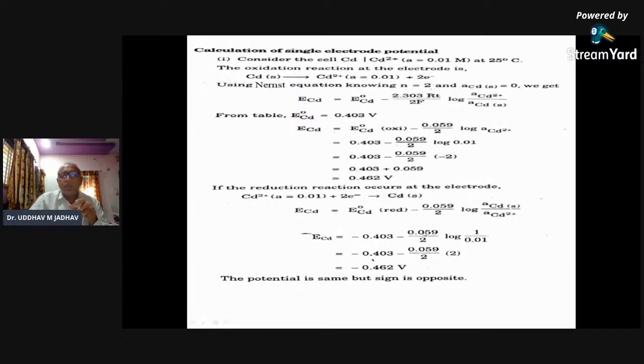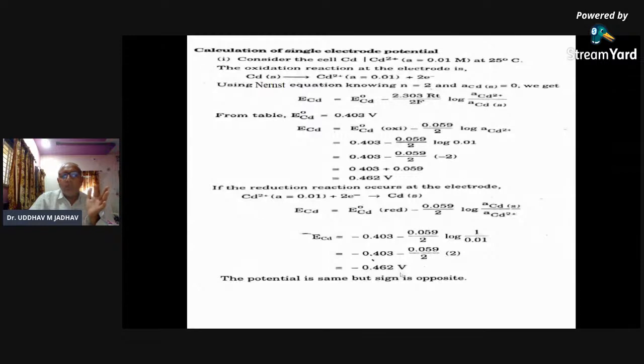0.0592 minus this one, and this is nothing but 10 raised to minus 2. And if from denominator it goes to numerator, then according to the rules of logarithm, it will be 10 raised to 2.